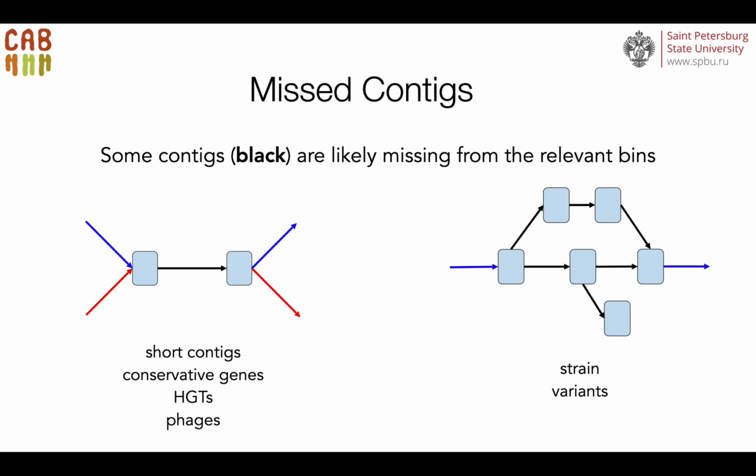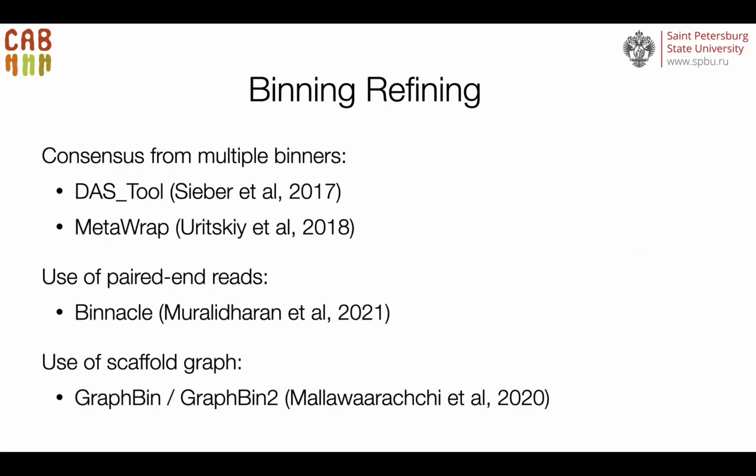So sometimes they are missed from all the bins, sometimes they only turn up in just a few bins. Also, uncollapsed strain variants cause some fragmentation of the assembly, and therefore the contigs representing the strain variation are also likely missed from the relevant bins.